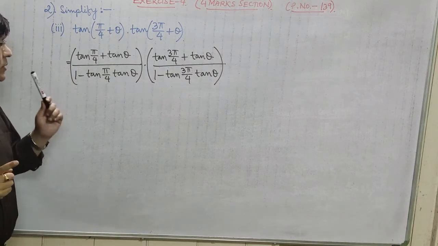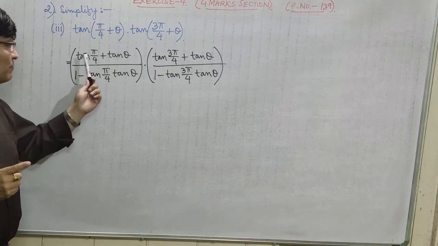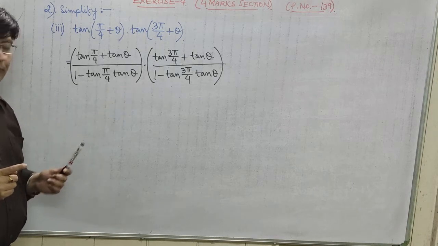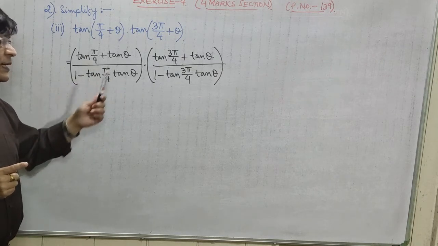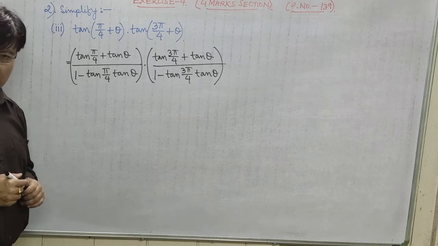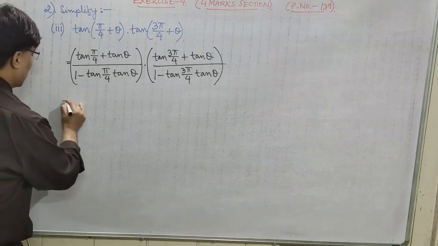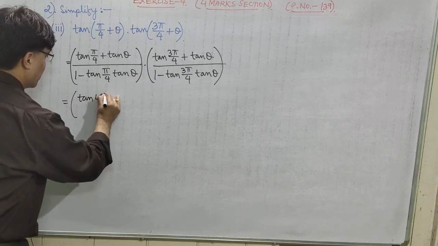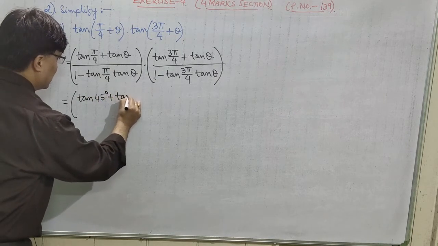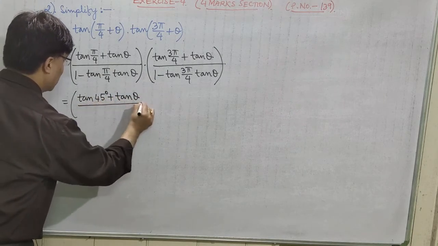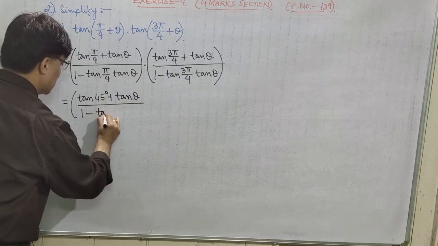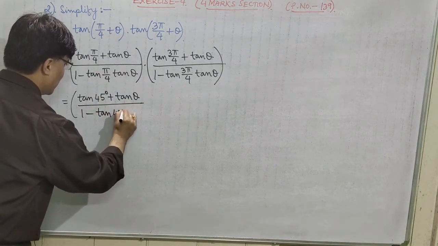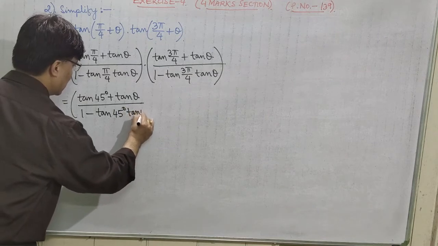Understood? So next, this tan pi by 4 and tan 3 pi by 4, both these angles, pi by 4 and 3 pi by 4, are standard angles. So you know that pi by 4 is tan 45 degree plus tan theta, divided by 1 minus tan 45 degree tan theta.